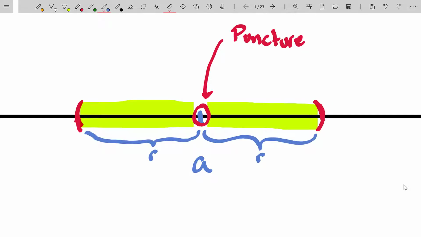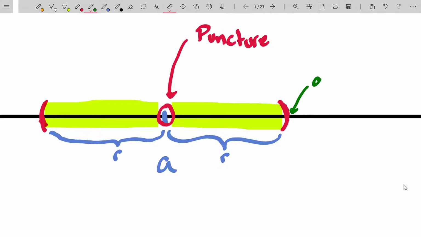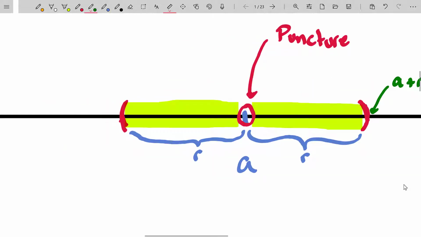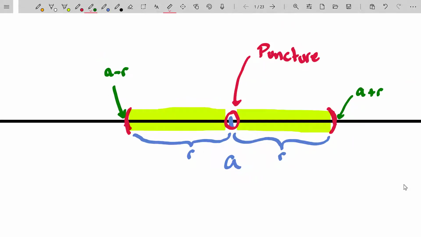Those distances to either side of A are the same distance. This point right here on the edge is actually A plus R, and the point on the left edge is actually A minus R. So really we're considering the interval from A minus R to A plus R without the center.